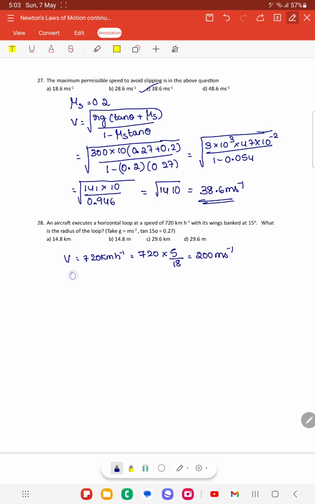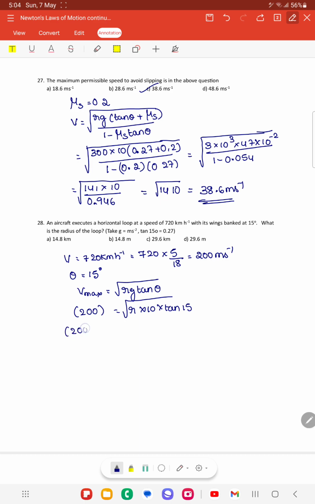So theta banking angle is given 15 degree. So we have the maximum speed, V max, is given by square root of Rg tan theta. So substituting the values, we have 200 is equal to square root of R into 10 into tan 15, as we have to find the value of R. Square the given equation.